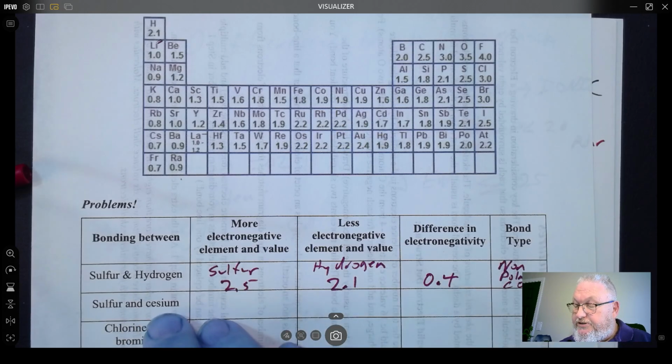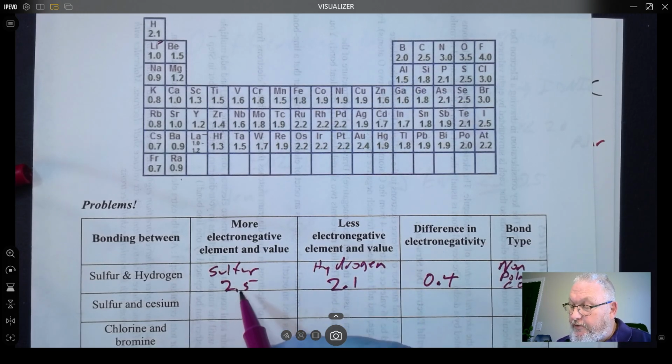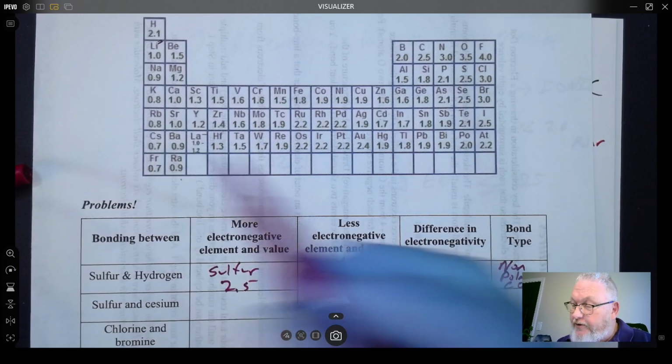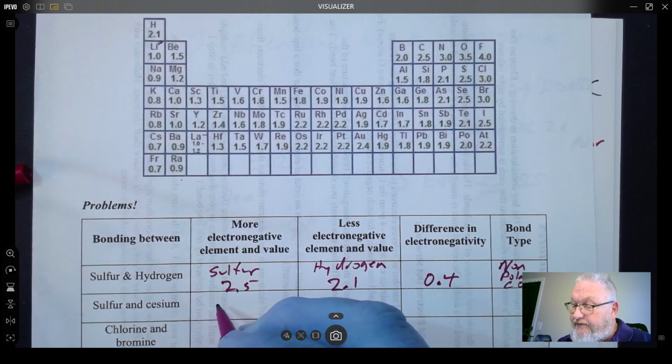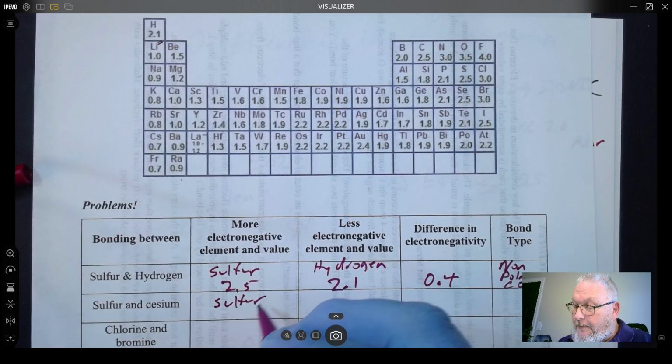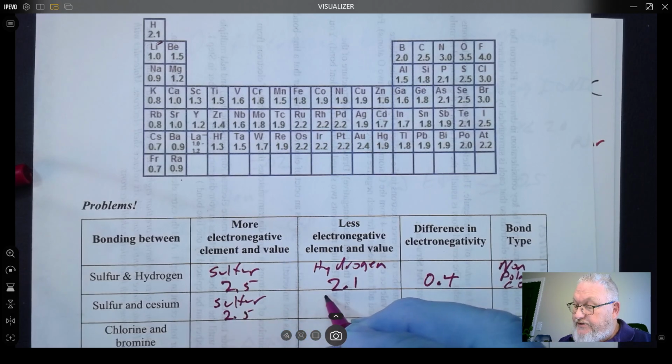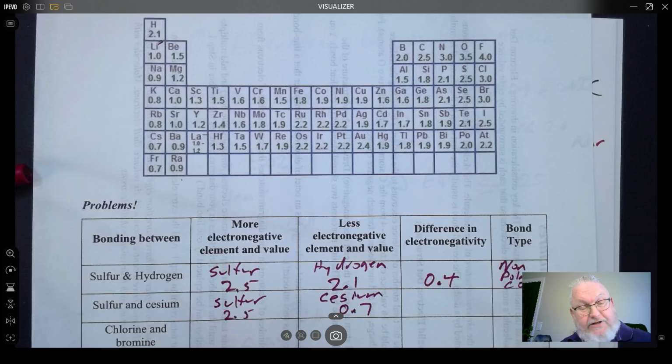Just for fun, let's look at sulfur and cesium. Sulfur, again, is 2.5. Cesium is 0.7. Which is more electronegative? Of course, it would be the sulfur. Cesium is 0.7. The difference here is 1.8. Ooh. So, this we've got to use a little bit of thinking.